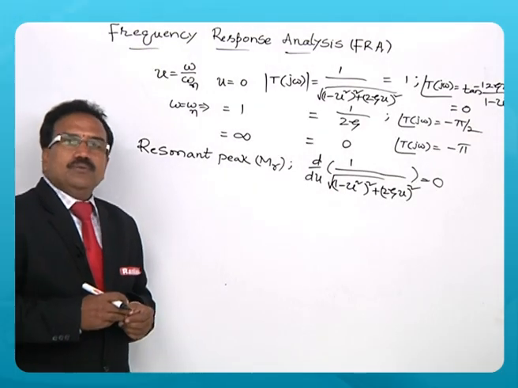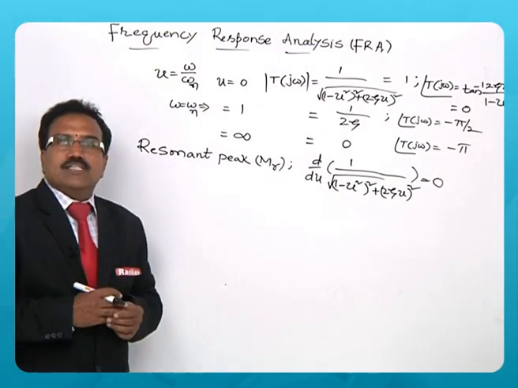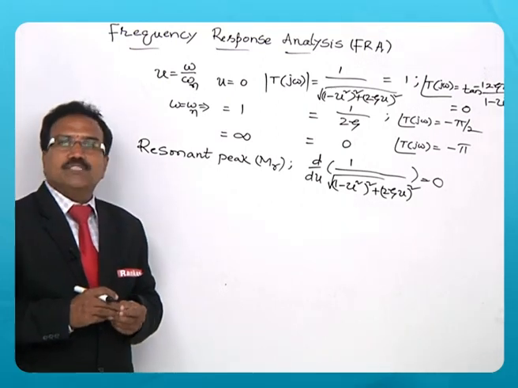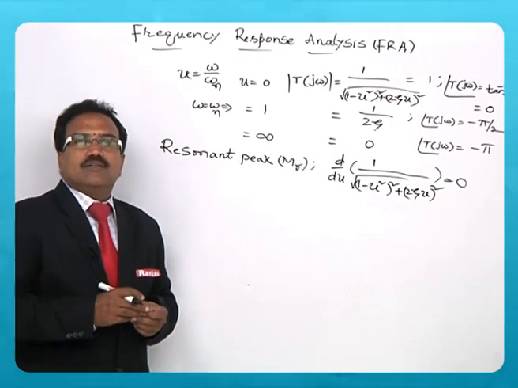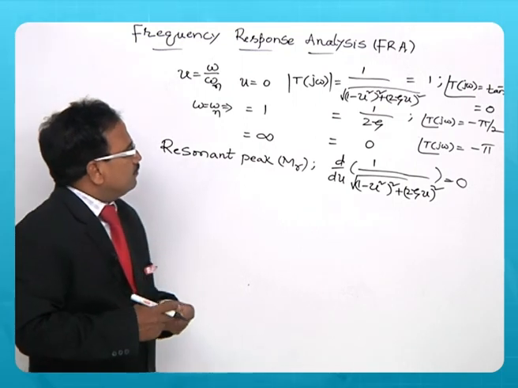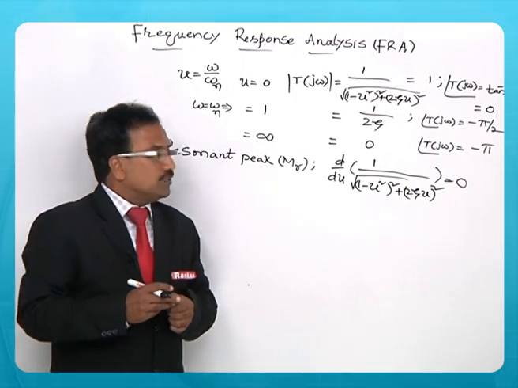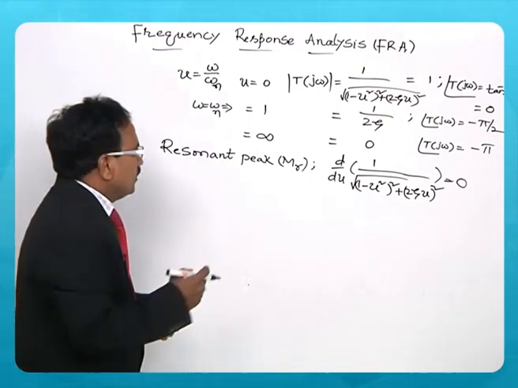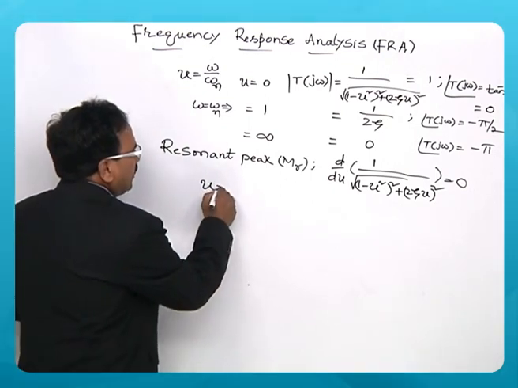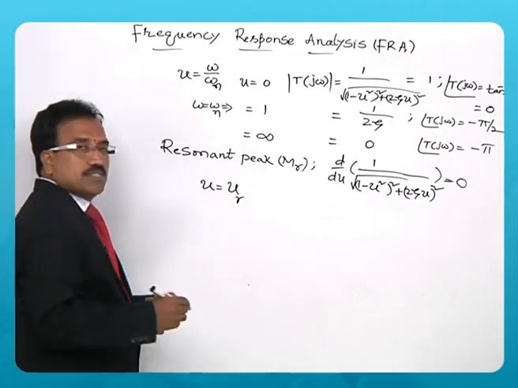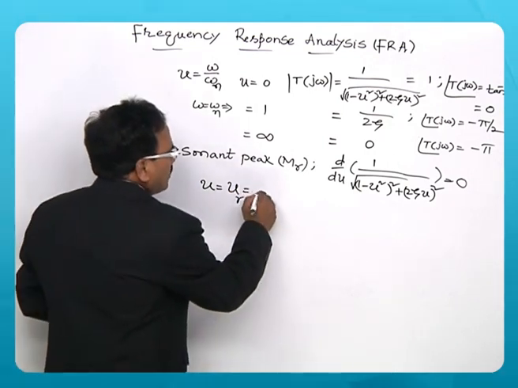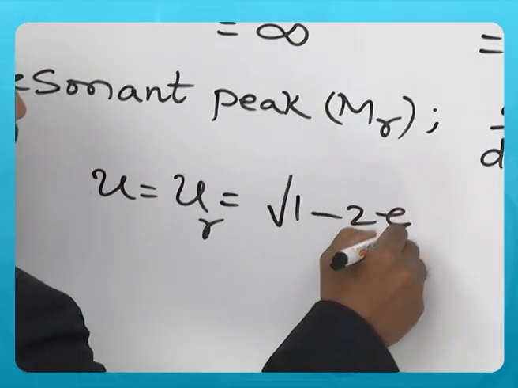Here u is the normalized signal frequency, and to get the maximum value of the magnitude, I must differentiate the magnitude term with respect to normalized frequency and equate it to 0. So I can get u equal to u r, because it corresponds to resonant peak, which is under root of 1 minus 2 zeta square.